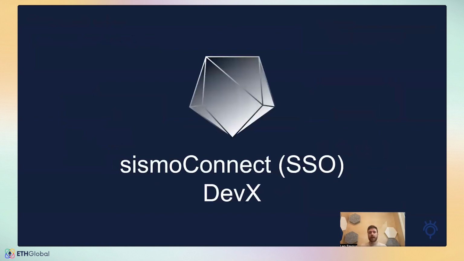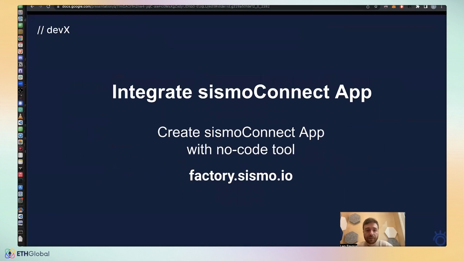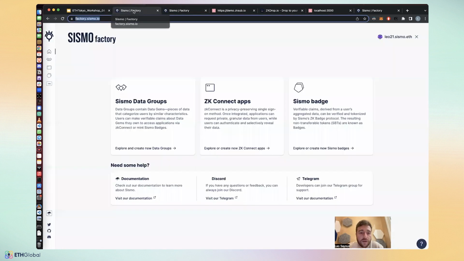So now let's take a look in more detail into our DevX for this crypto-native single sign-on. First, when you want to integrate it into your app, you need to create an app and authorize some domains in our factory.sismo.io. So let's go here in the factory.